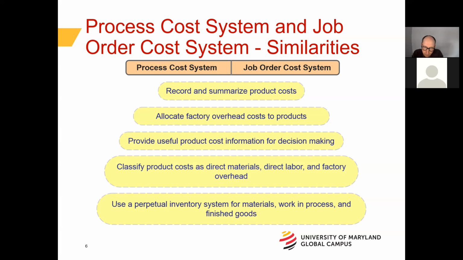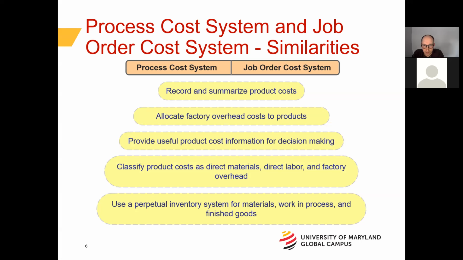Both of them record and summarize product costs. They allocate factory overhead to products. They provide useful information for decision making, and classify product costs as direct materials, direct labor, and factory overhead. And they both utilize perpetual inventory for raw materials, work in process, and finished goods.